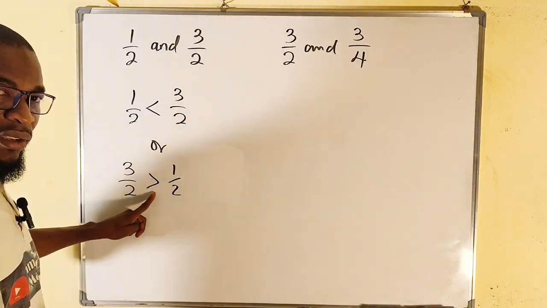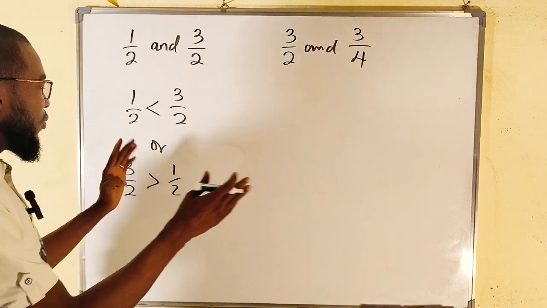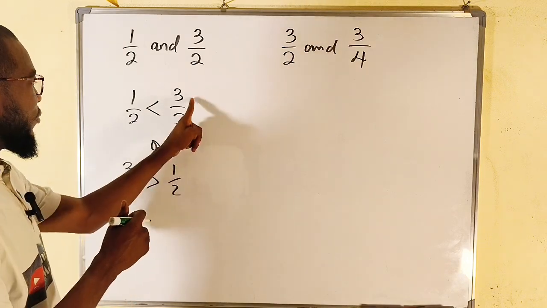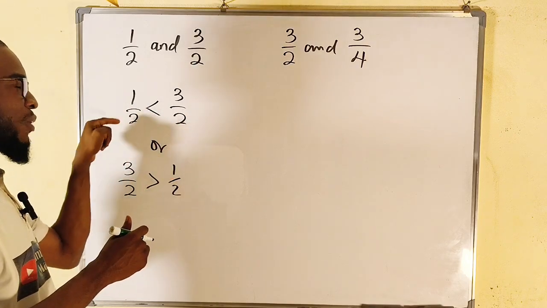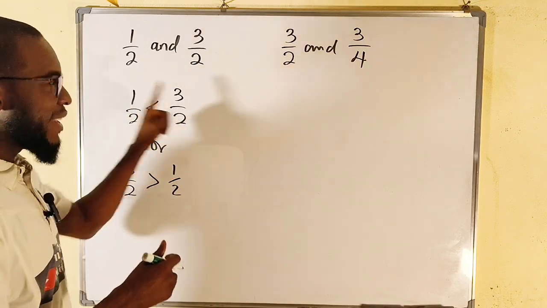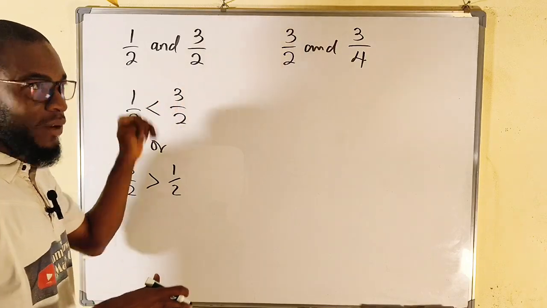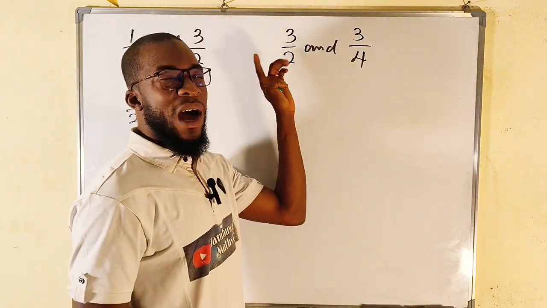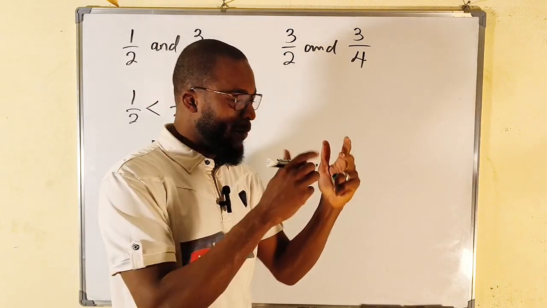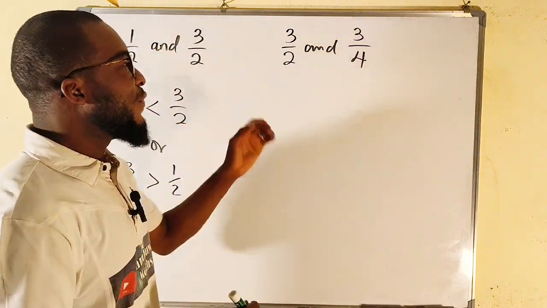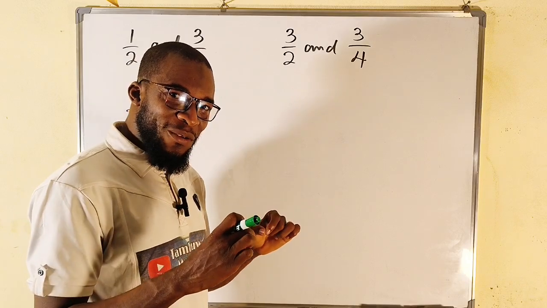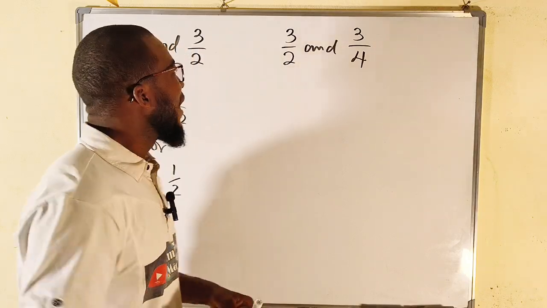If you want to switch the direction of the inequality, you have to switch the numbers. 3 over 2 is greater than 1 over 2. 1 over 2 is less than 3 over 2. This is when they have the same denominators. But whenever they have the same numerators, this time around, the fraction with the smaller denominator is said to be greater.